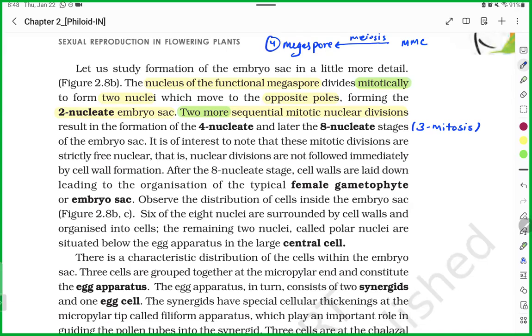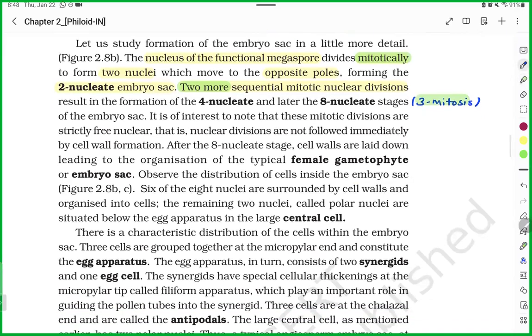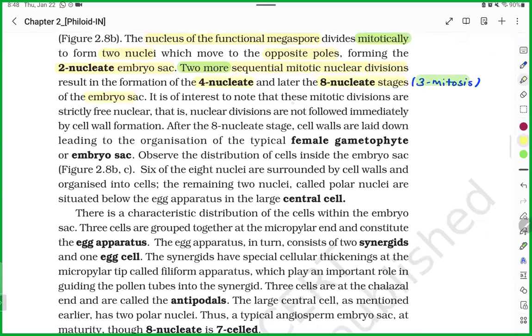So one meiosis is here and three mitoses, total four. And these divisions take the nuclei from four to eight nuclei of the embryo sac. These mitotic divisions are strictly free nuclear. This word is important: strictly free nuclear in the early stage.